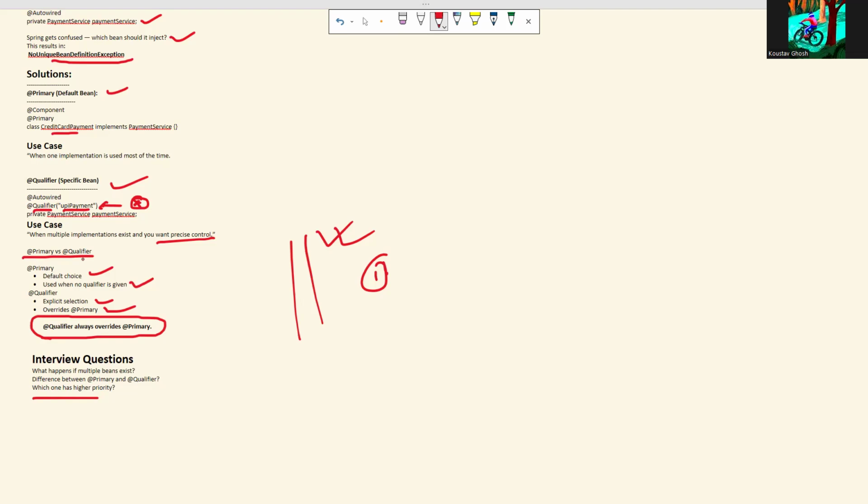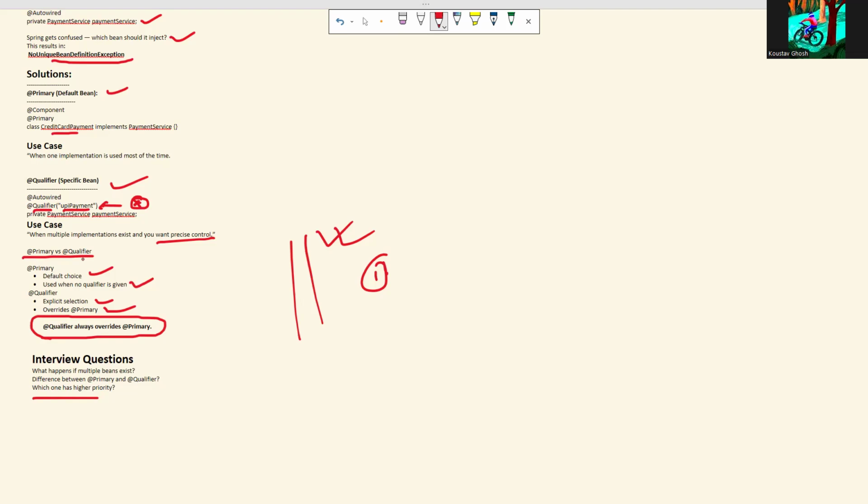On top of credit card payment I have given the primary annotation, and in the order service on top of the autowired payment service I have provided the qualifier with the name UPI payment. But UPI payment is not getting injected, credit card is being injected. Don't ask these questions; you have forgotten to use the bean name there.